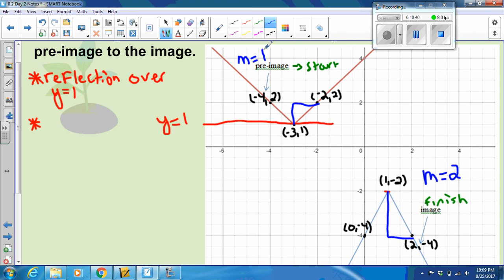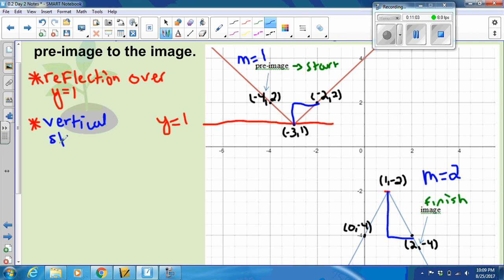Now, just like the last time, we have to see, okay, 1 times what will give us our second slope. So here, 1 times 2 will actually give us 2 again. Okay, so because we're multiplying our pre-image by 2, that means we have a vertical stretch once again.